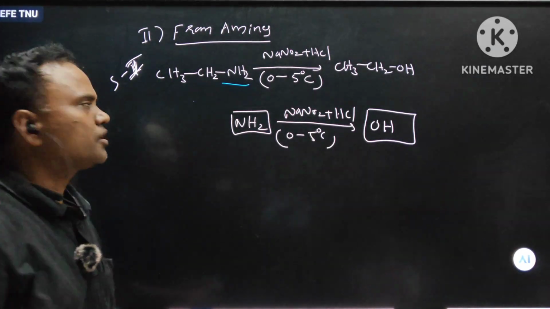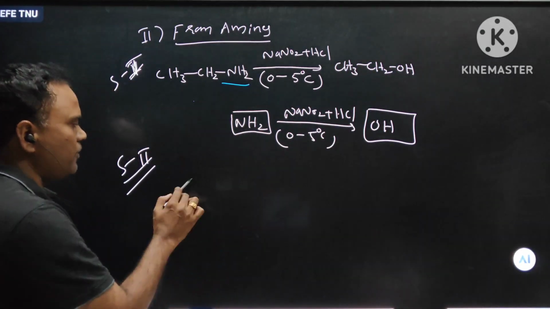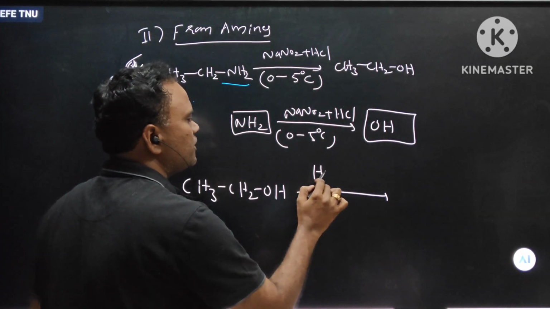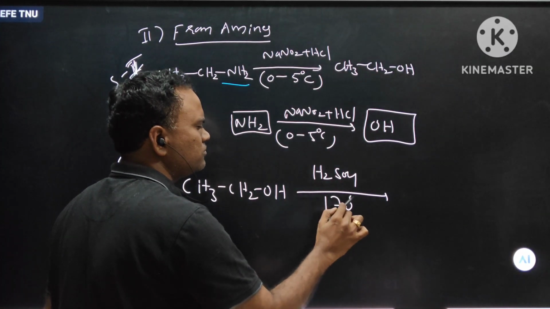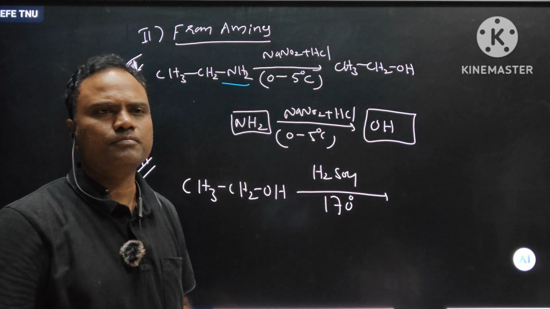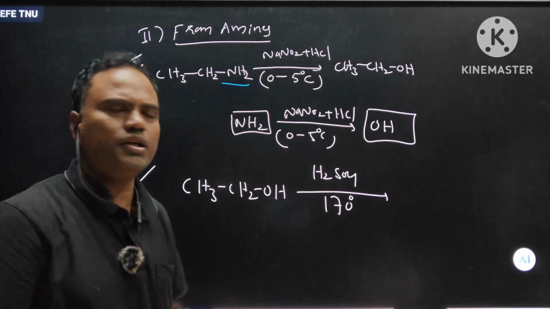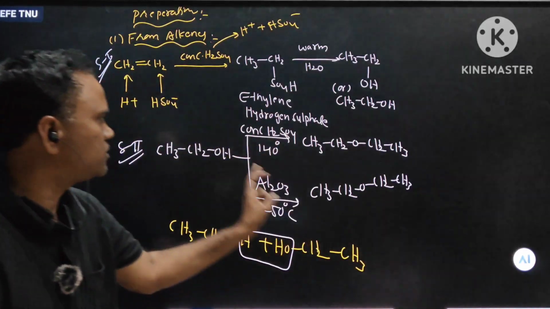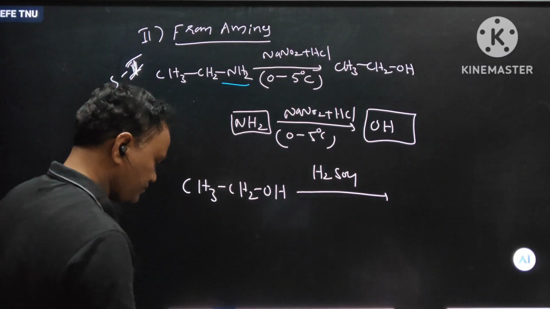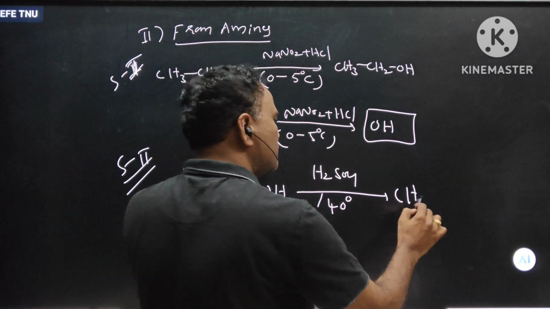In step 2, take this ethanol and follow the previous method: CH3CH2OH with sulfuric acid, H2SO4, at 140 degrees centigrade. Previously you wrote 170 or 140. Sorry, 170 will give alkene and 140 will give ether. So you will get ether.